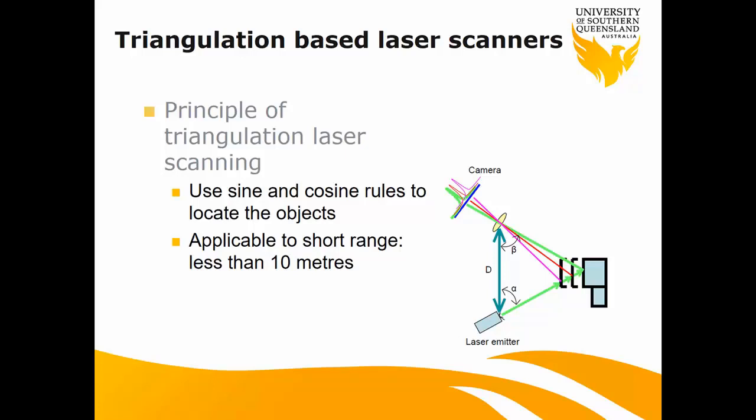But the problem is, with the increase of the range between instrument and the target, the accuracy of this range will decrease, because the triangle will become very narrow. As a surveyor, we know this is not a good geometric shape. So we usually limit the range for this kind of laser scanner to less than 10 meters.